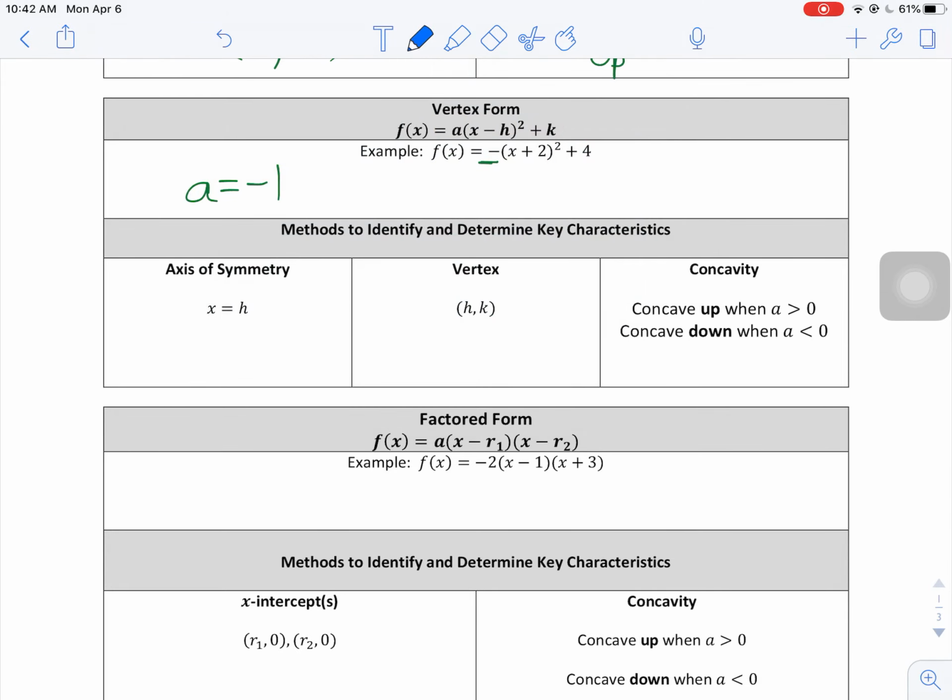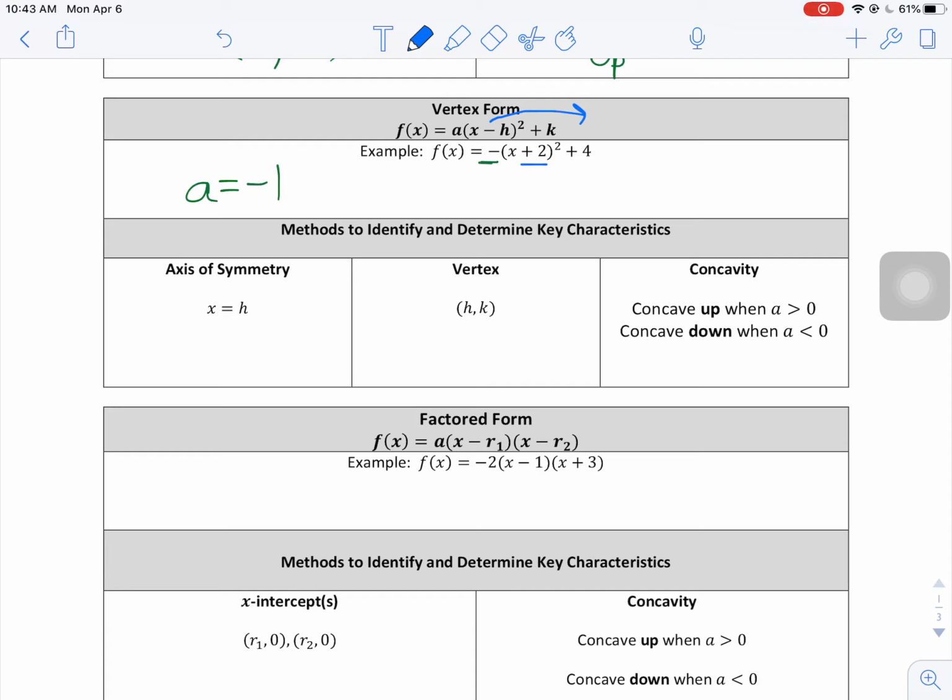H is right inside the parentheses, but notice there's a built-in minus sign in the original generic function. So when I look at my example equation, h is actually negative 2, not positive 2, because h is supposed to be the number behind a minus sign.